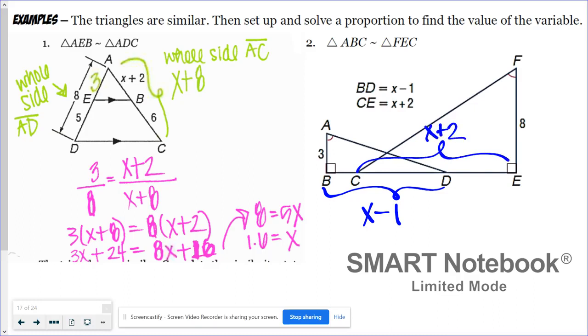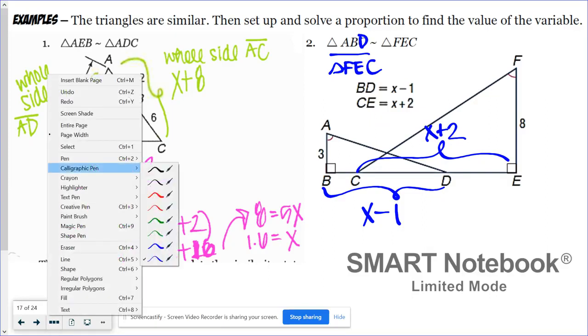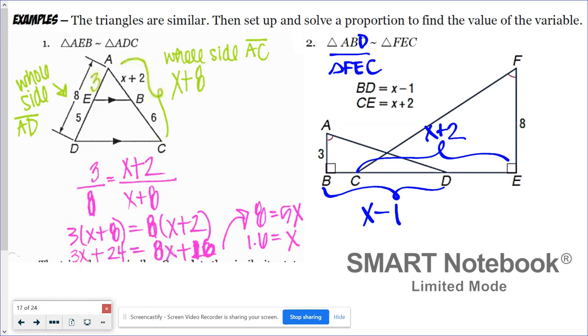So I can create a proportion where it's ABC over FEC. Okay, so I'm going to write the side lengths from triangle ABC, which is a typo. It should be ABD. Sorry about that. So I'm going to write my side measurements from ABD on top.